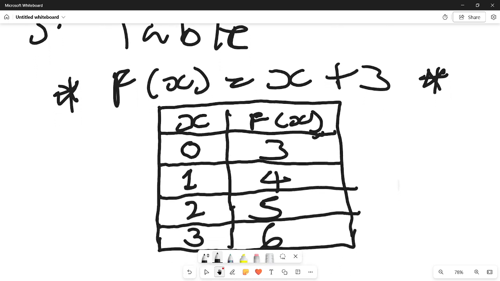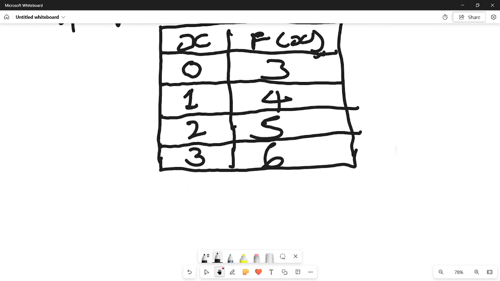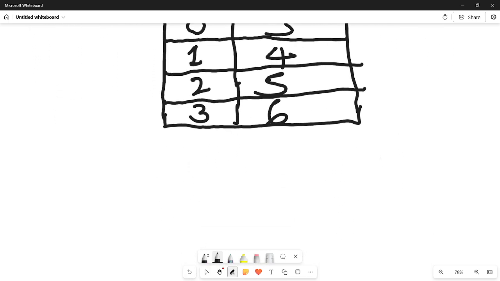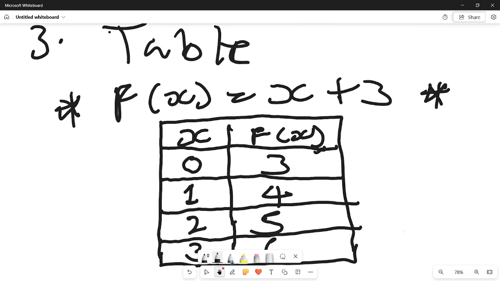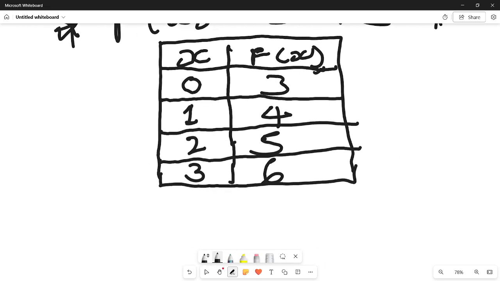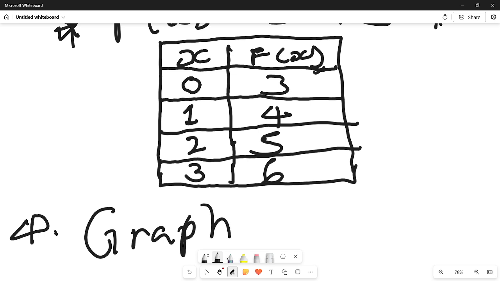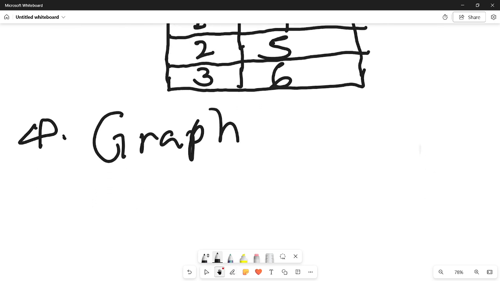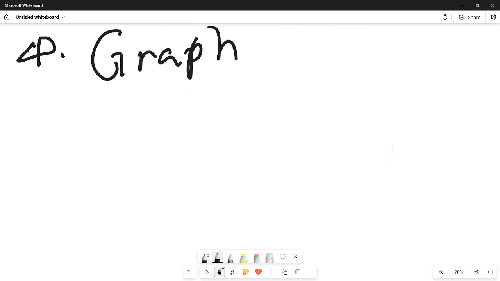So we can also represent a function using a graph. Number 4, using a graph.